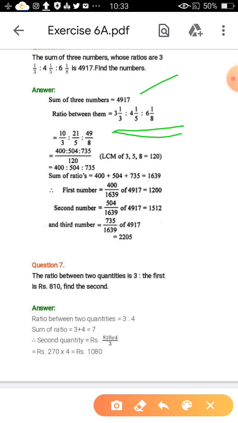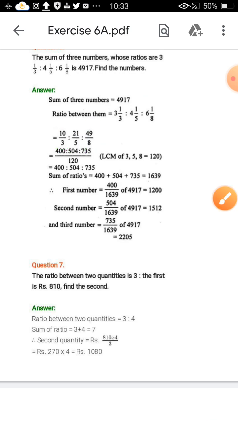What is the ratio? This ratio is given in mixed fractions, so convert them. I have converted 3 integer 1 upon 3, which will be 10 upon 3. 4 integer 1 upon 5 will be 21 upon 5. 6 integer 1 upon 8 will be 49 upon 8. Then take their LCM of 5, 3 and 8.